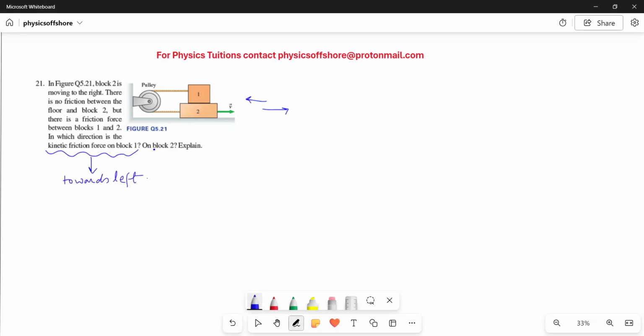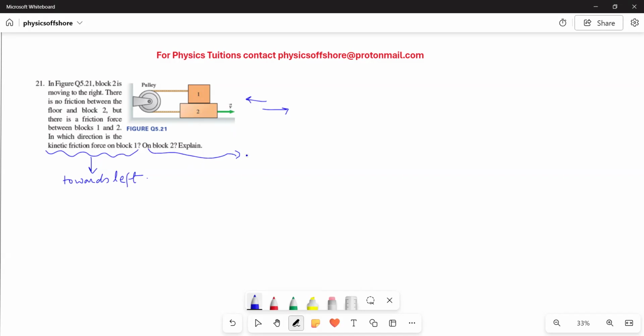And then for block 2, what is happening here? This is a perfect example of Newton's third law, that means action-reaction forces. Because block 1 is experiencing a friction force towards the left, block 2 will experience an equal amount of force, but opposite in direction, that means towards the right.